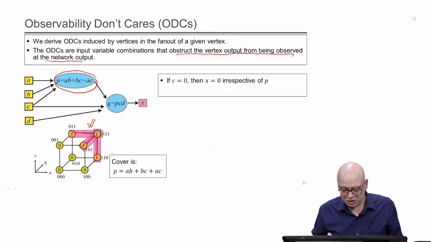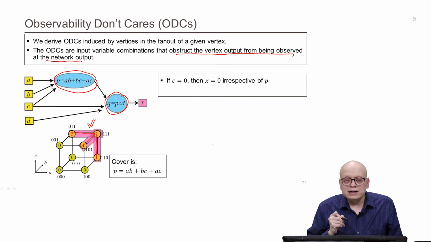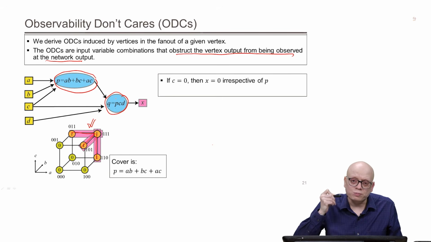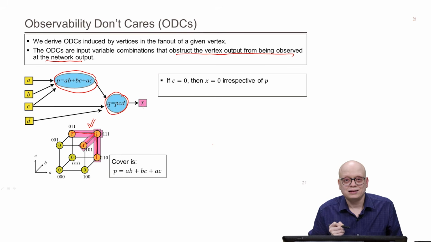Let us see how. Now, at the output of this vertex P, there is the node Q. Is there some condition at the node Q which will obstruct P from being observed at X? We see that yes, there is a case.